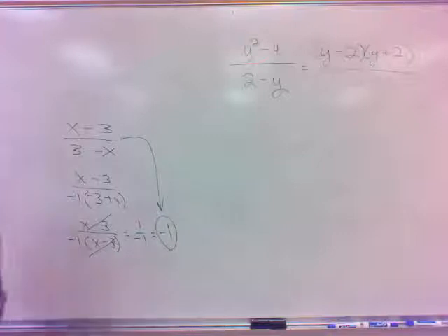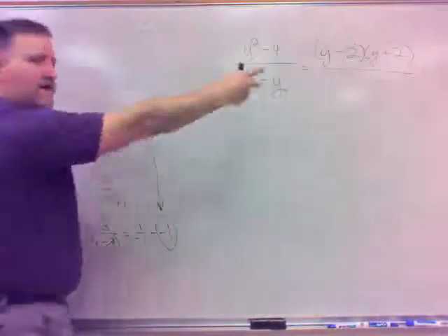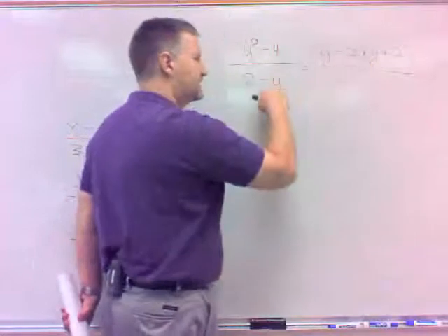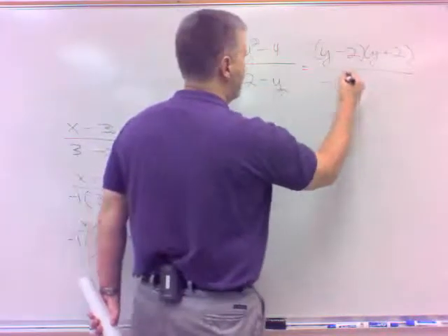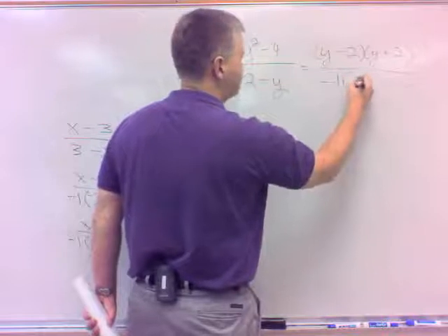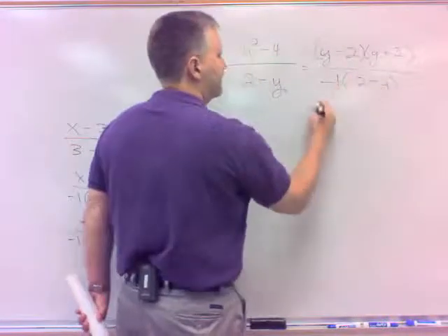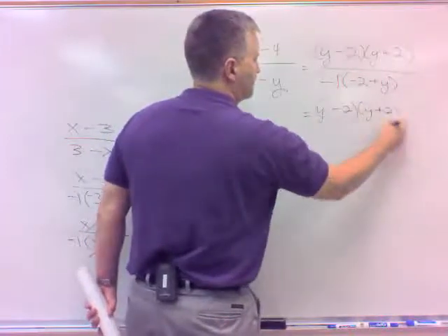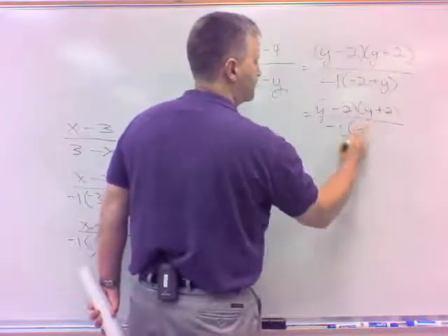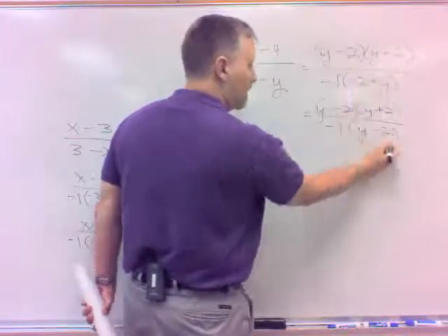Then on the bottom, because this is 2 minus y, and I've got a y minus 2 up there, shouldn't I do the same thing with it that I did with the previous one? Yeah, let's pull out a minus 1, and that'll make it minus 2 plus y. And if you have to, go ahead and rewrite it and flip that around. On the bottom, minus 2 plus y is y minus 2.